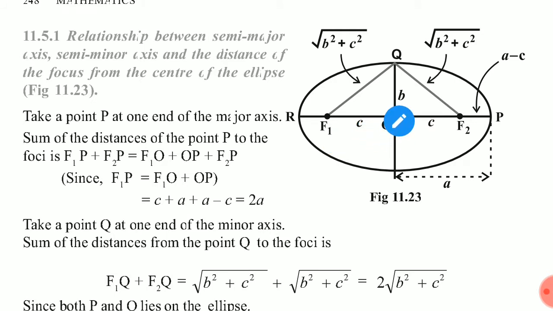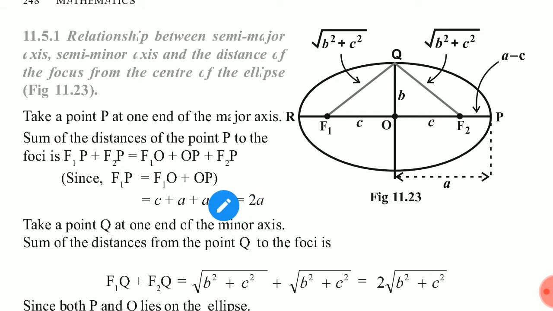This angle is 90 degrees, so by Pythagoras theorem the distance QF1 equals the square root of b square plus c square. You can also apply Pythagoras theorem here: same distance, square root of b square plus c square. The semi-major axis, semi meaning half, equals a, so the distance F2P equals a minus c. And b is the semi-minor axis, and the distance of the focus from the origin is c. So by Pythagoras theorem this distance equals the square root of b square plus c square.